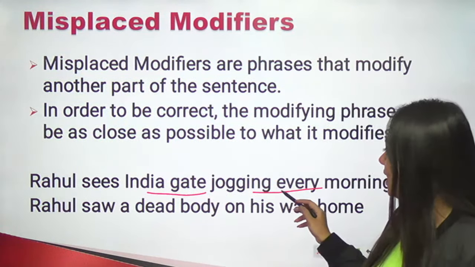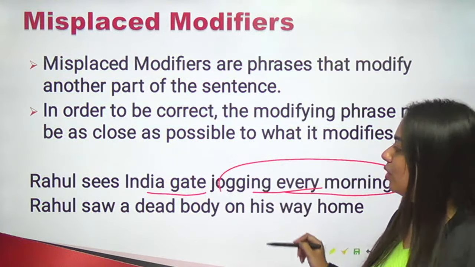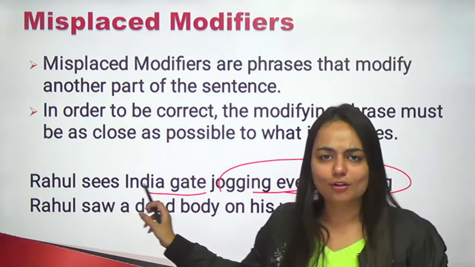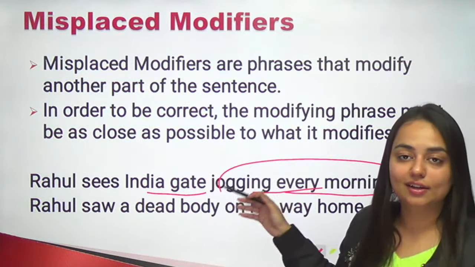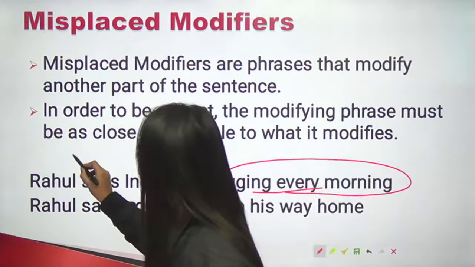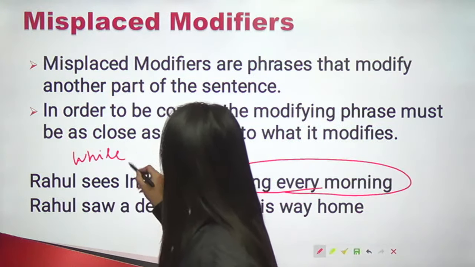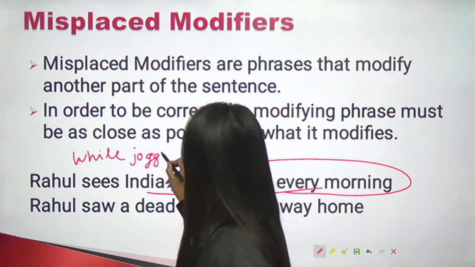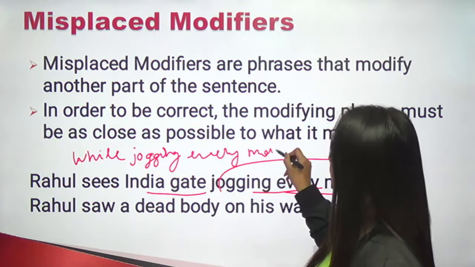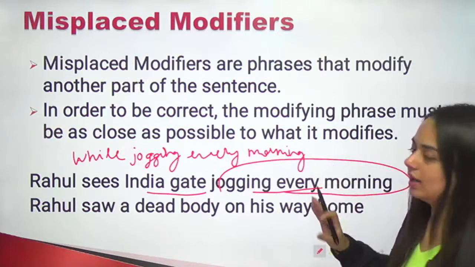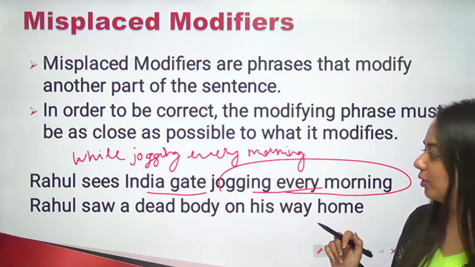This jogging every morning is used for Rahul, not for India Gate. So this unnecessarily creates confusion. You have to say, while jogging every morning, Rahul sees India Gate. That is the right form of it.